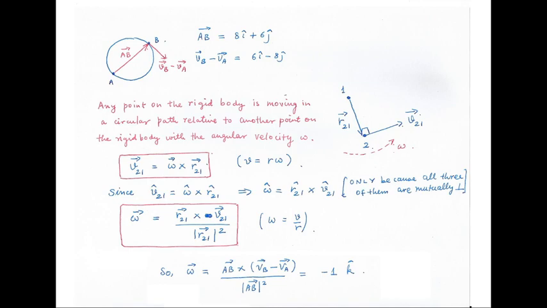So omega can be anything, but in planar rotation, which we are dealing with right now, omega is a vector which is perpendicular to the plane of rotation. So we are dealing with planar rotation, and therefore omega and R21 will always be perpendicular because we are looking at a planar body.